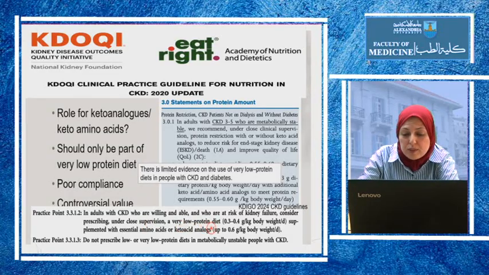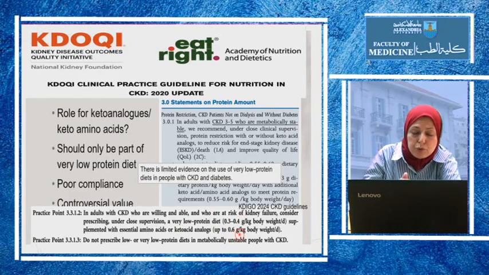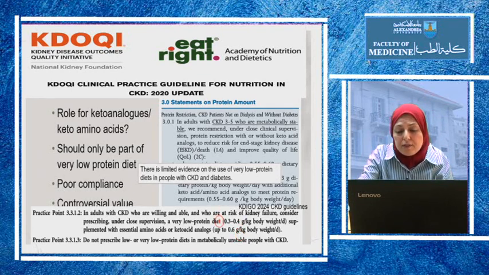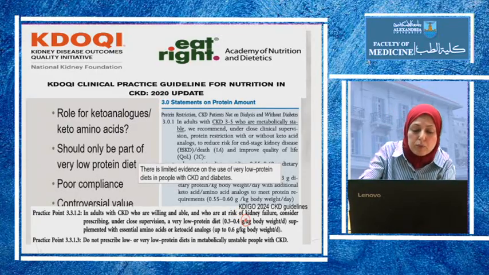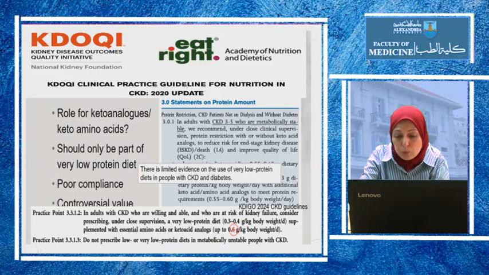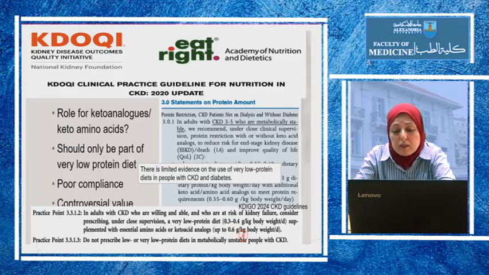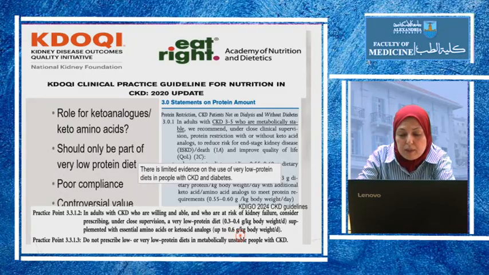So patients on a very low protein diet, that should be prescribed by a nutritionist, and they should be followed up closely by a nutritionist, at 0.3 to 0.4 gram per kilogram per day. They can be supplemented with essential or keto acid analogs to reach, together with the protein diet, 0.6 gram per kilogram body weight.